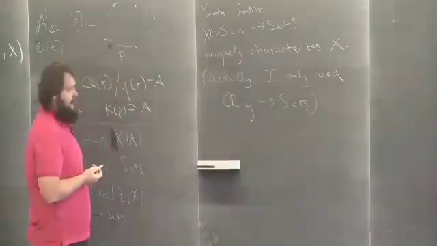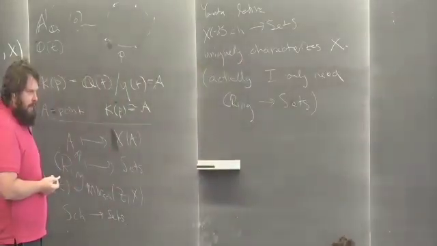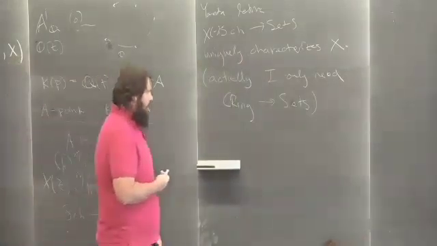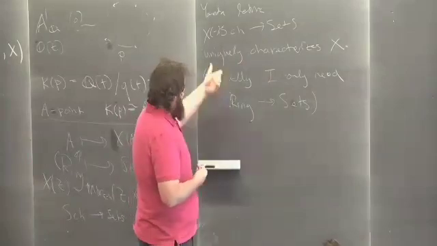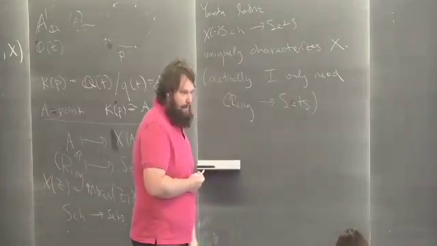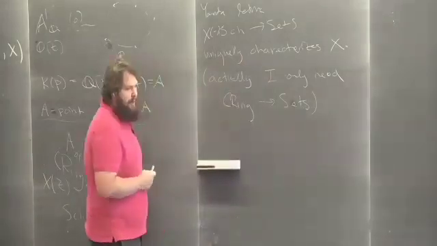And the reason is that every scheme has an open affine cover, and I can describe the intersections between open affines using affines. So if you want to be fancy, because I can write every scheme as a colimit of a diagram of affine schemes, I only need to know about that part of the category.